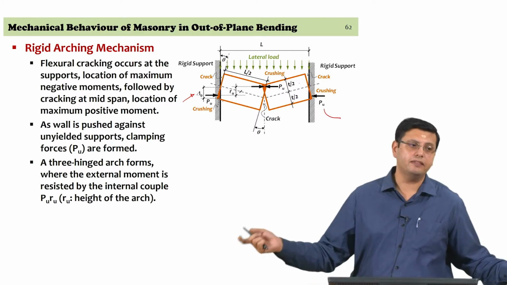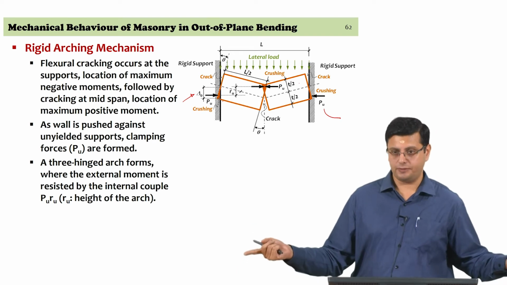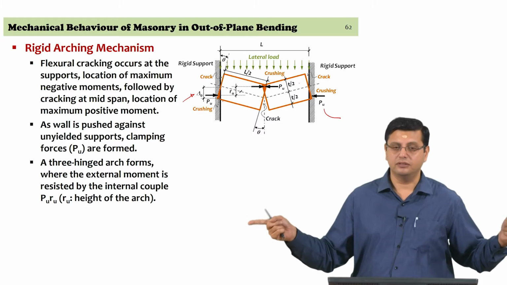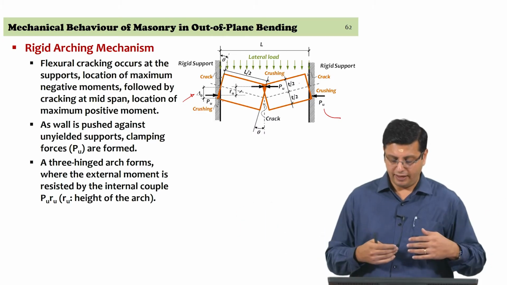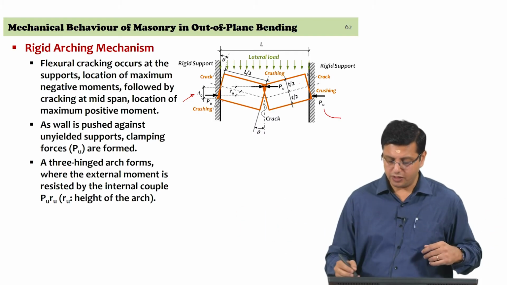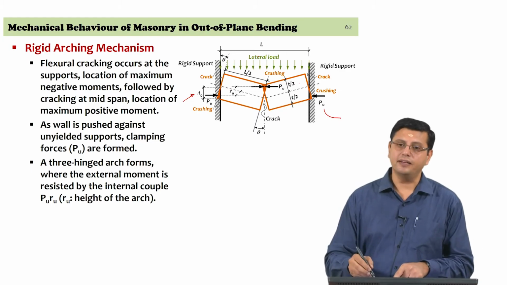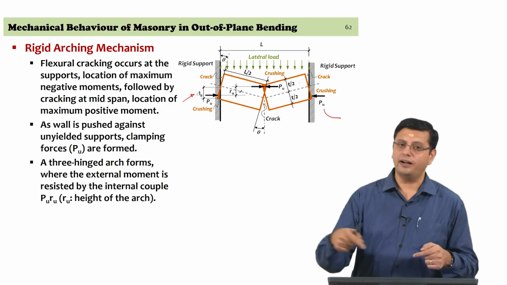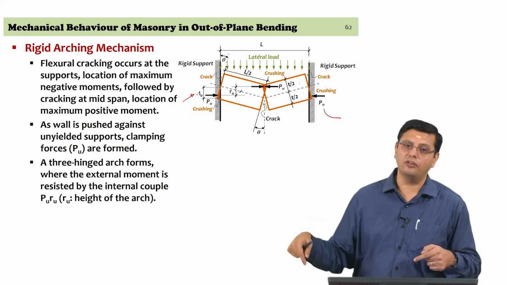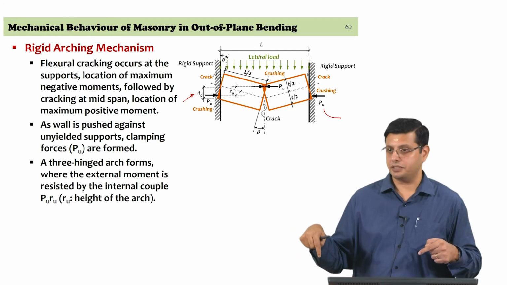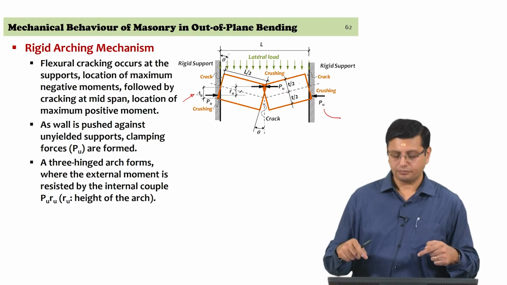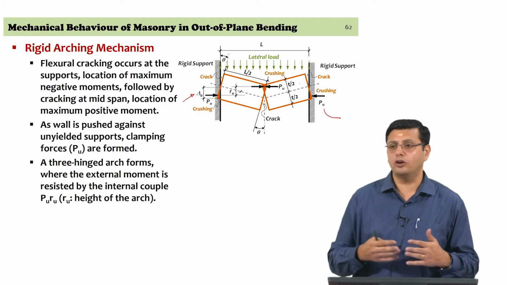Two hinges are at the supports, at the location of the supports with the non-moving ends, which are the rigid supports. Two hinges are there, and the other hinge is actually at the midspan of the wall. So, you are seeing the formation of a three-hinged arch. You are actually seeing the formation of a three-hinged arch, and now it is a three-hinged arch of low rise.